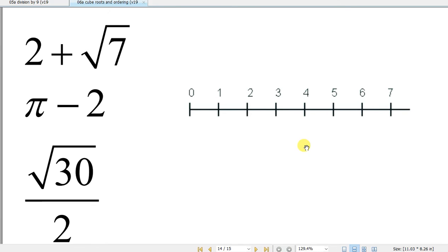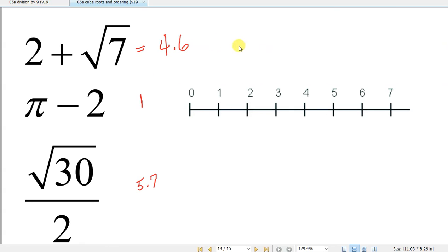So what did we say? I'm going back in my notes. We said this one was 4.6, right? We said this one was 1, and we said this one was 5.7. So let's put it on the number line.